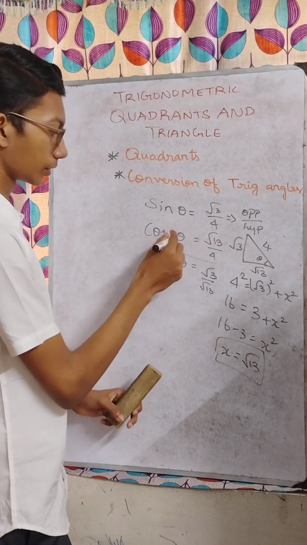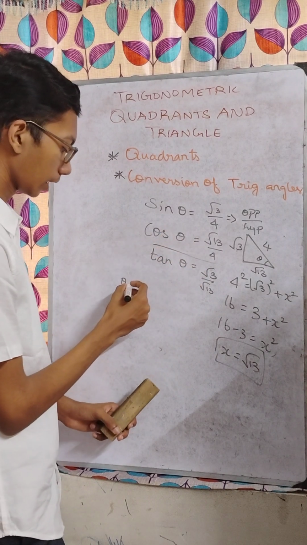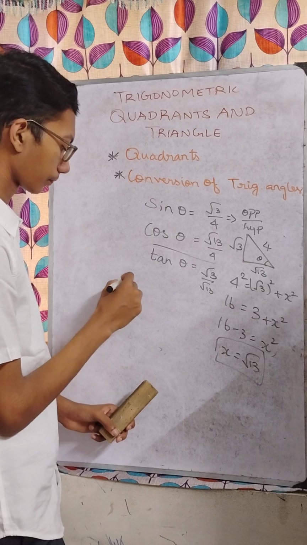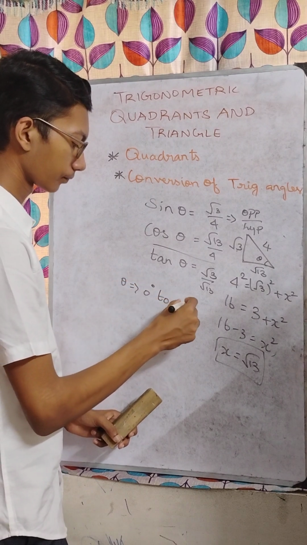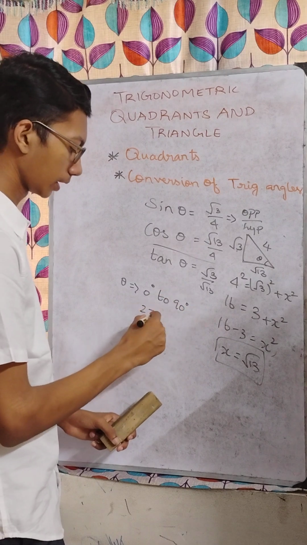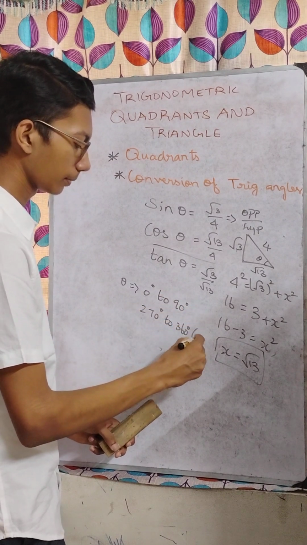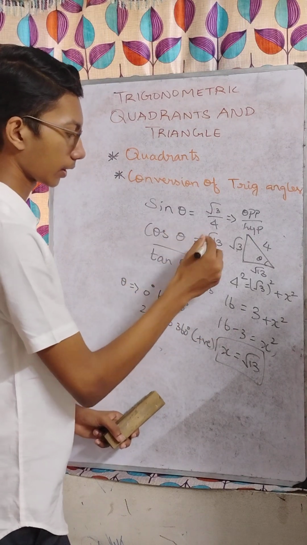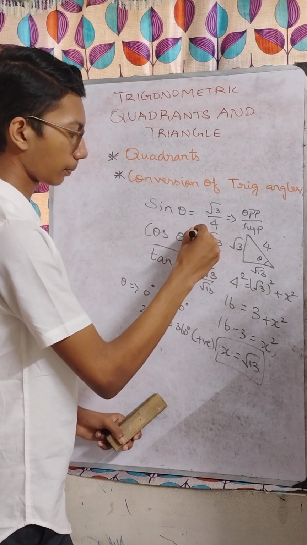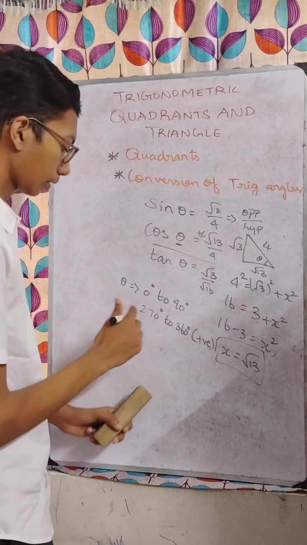Now for the signs, as we saw earlier, if the theta angle is 0 degree to 90 degree, or for cos theta it is 270 degree to 360 degree, it will be positive. For all other angles, cos theta will be negative. So this can be positive or negative depending on the angle here.